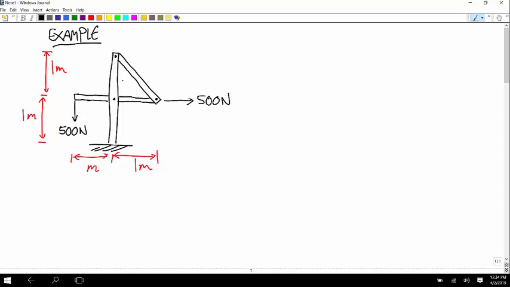So if this is half a meter, these are about 45 degrees. So this length would be square root of 2 over 2, is that right?